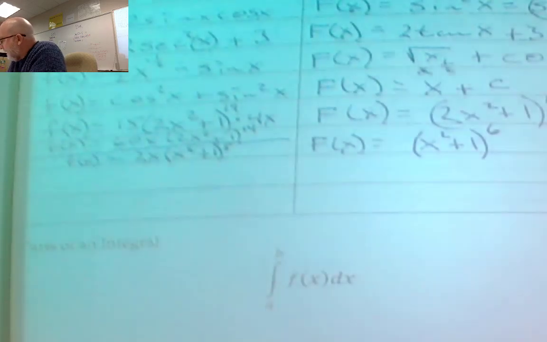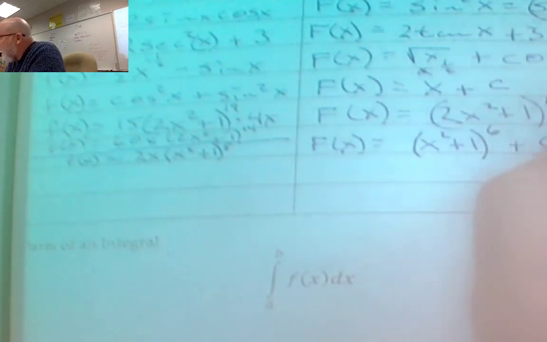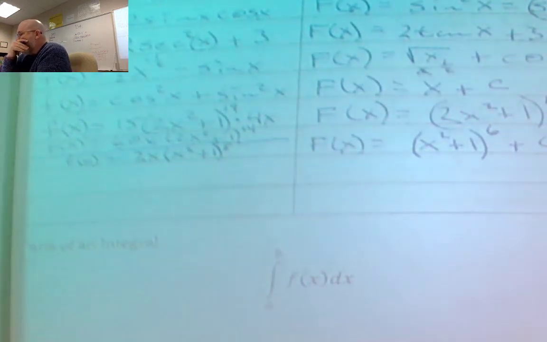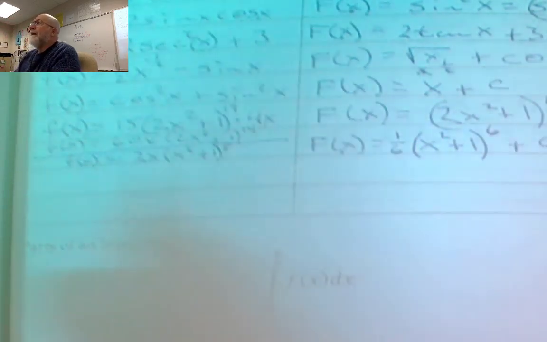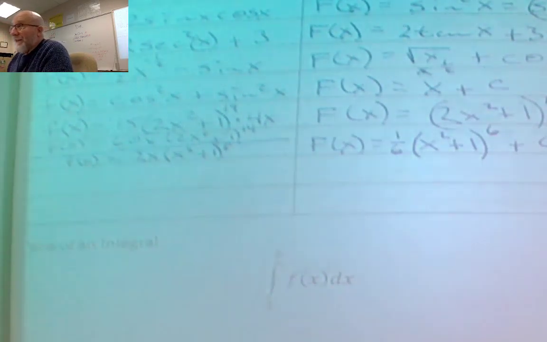Plus C. Got a plus C. You got one more thing you need. You do need something in the front. You're doing really well. 1 over 6. 1 over 6. Did you figure that out, or did somebody speak to you?